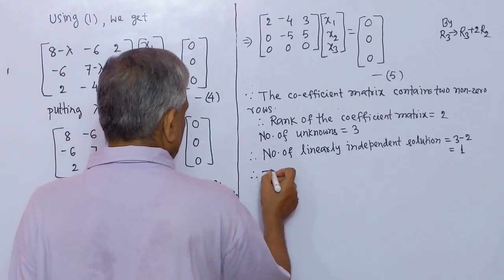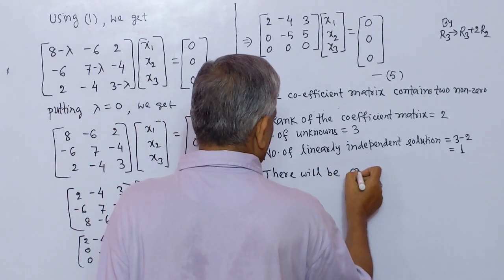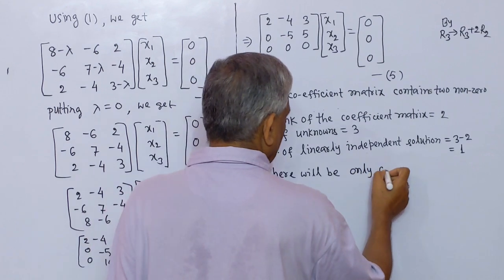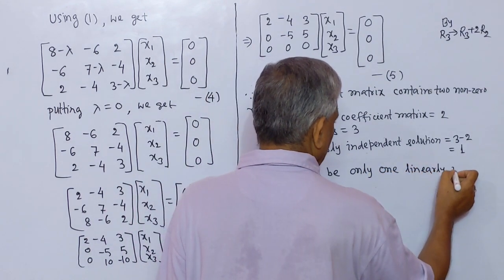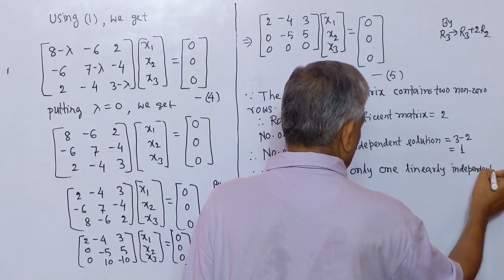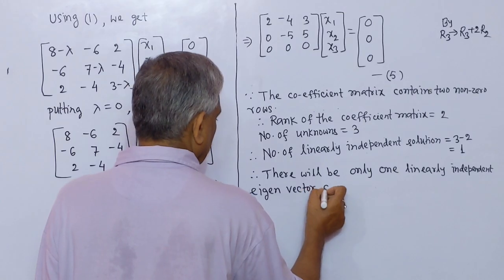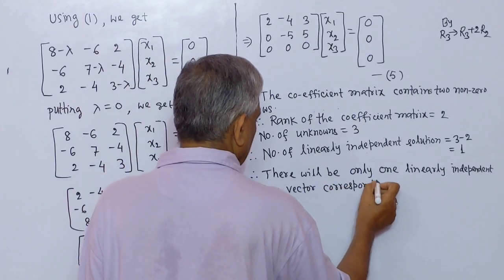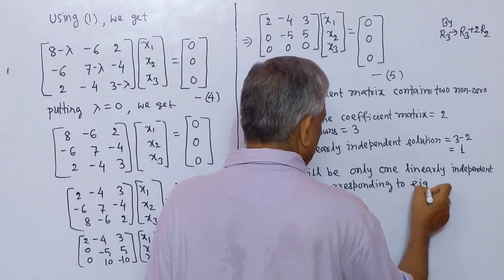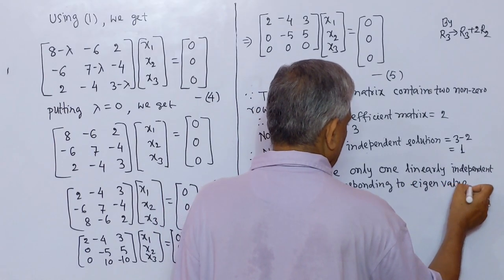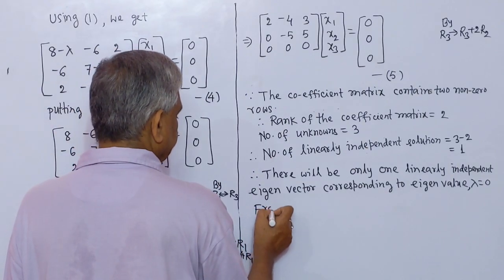Therefore there will be only one linearly independent eigenvector corresponding to eigenvalue lambda equal to 0.